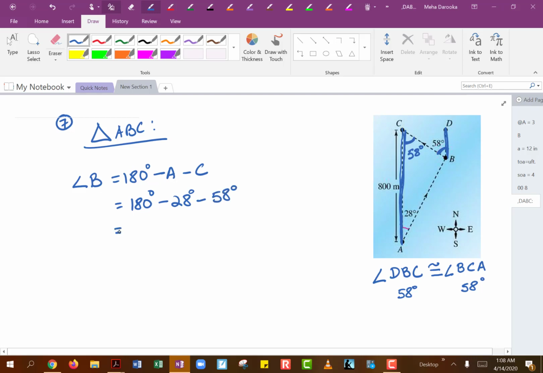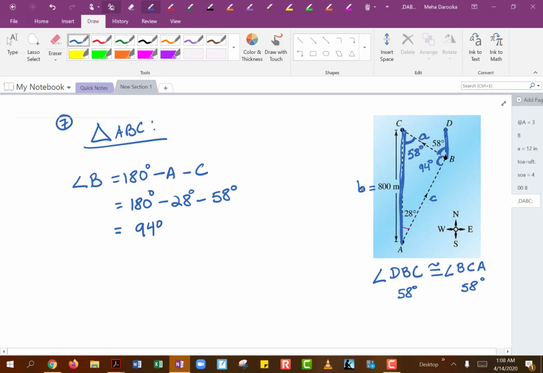So when you make that subtraction, you should get the answer of 94 degrees. So this angle here for angle B should be 94 degrees. So we have all three angles inside our triangle. Now we can go ahead and find the sides. So this is side C, this is side A, and 800 meters is actually going to be side B.